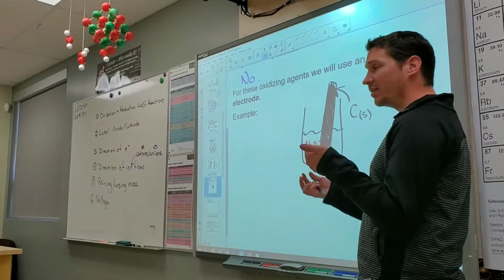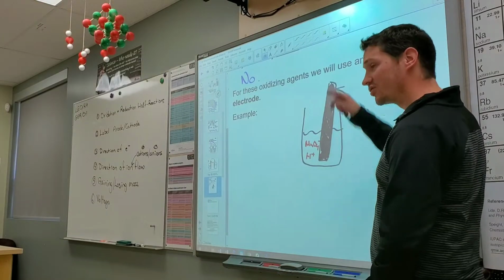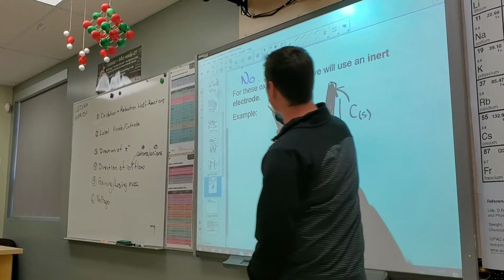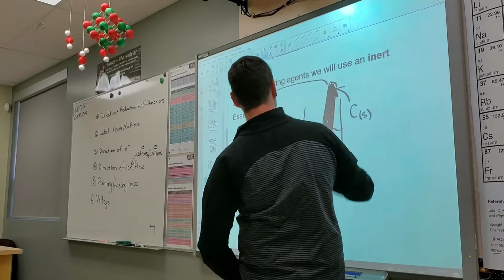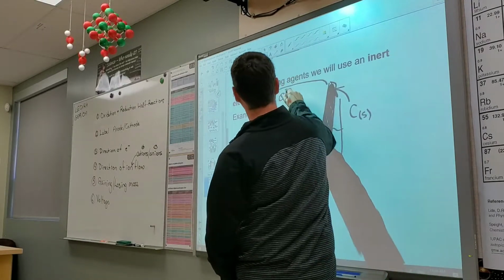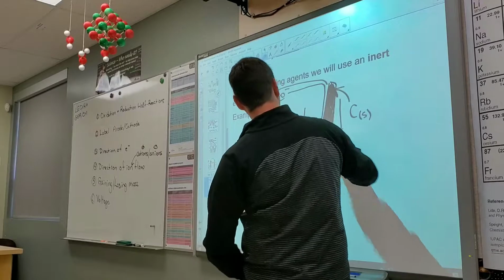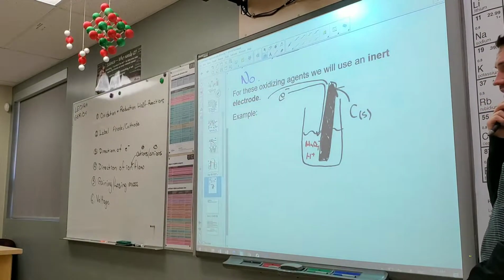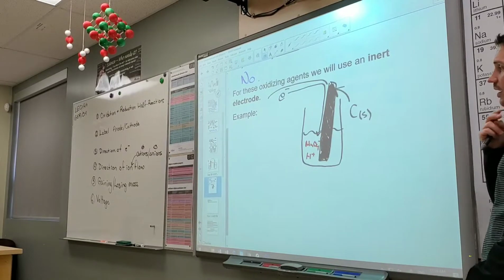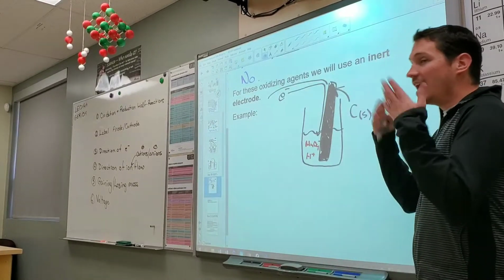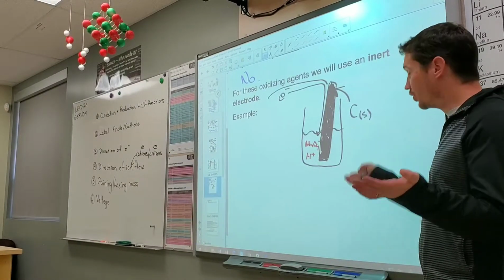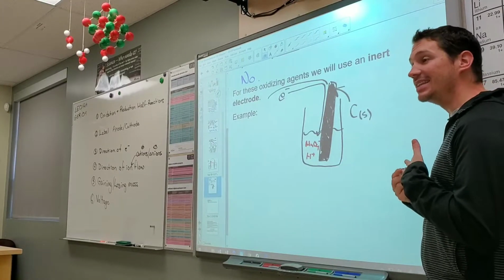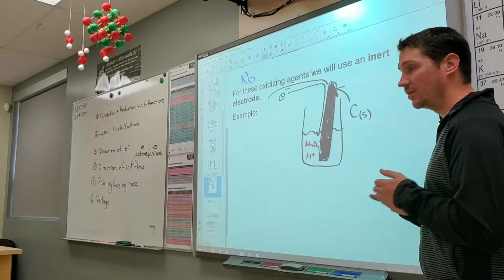It's brittle like nonmetals, but it can conduct electricity pretty well. When we connect this thing to something else, when the electrons go through here, they have a free path to go into the solution to combine with the permanganate. The carbon never actually reacts. Your inert electrode like carbon, you should never see it inside the half reaction, okay?